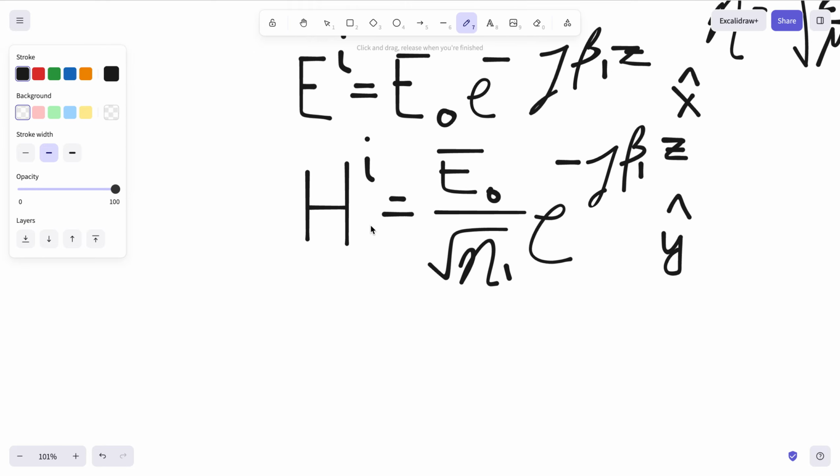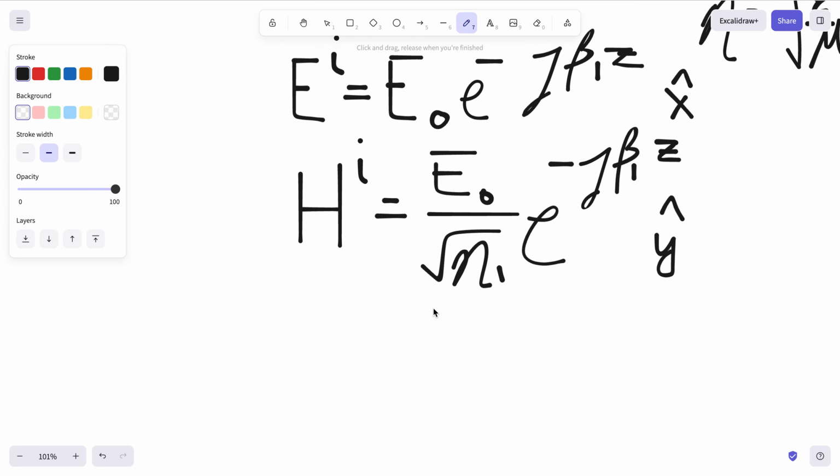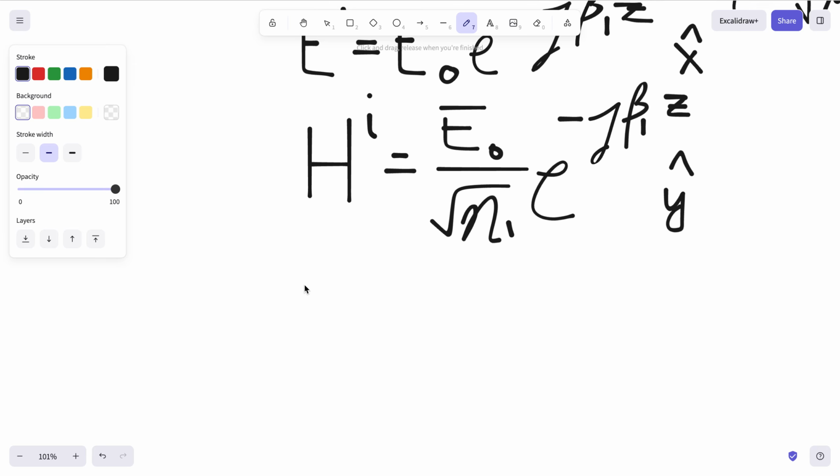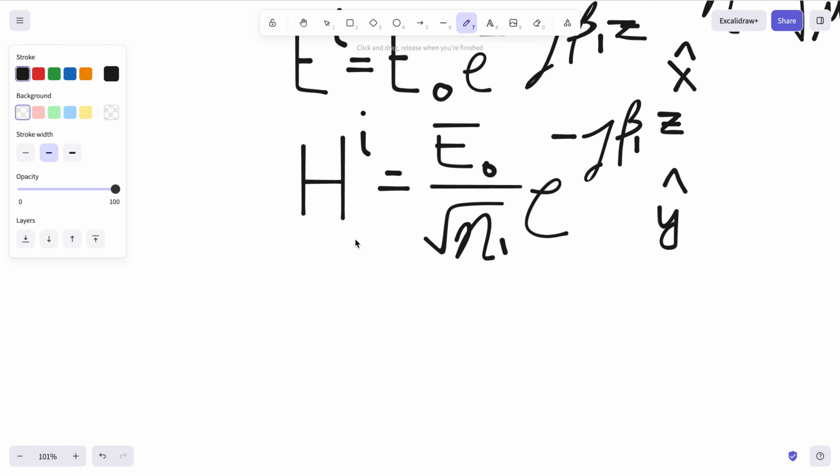Then, to describe the transmitted and the reflected components, we have to look at both direction as well as the magnitude, which is affected by the reflection coefficient and the transmission coefficient.